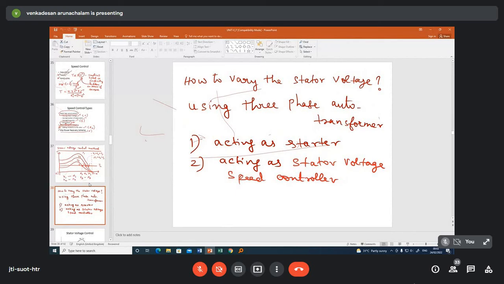We understood that when we vary the magnitude of the stator voltage, the speed of the machine can be varied, right? But how to do that? We can vary the magnitude of the stator voltage using an auto transformer.